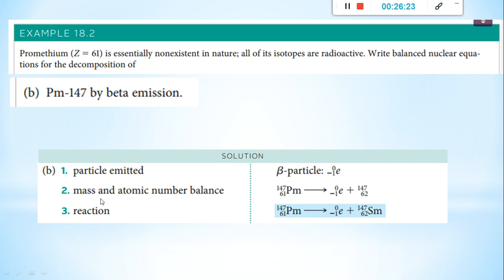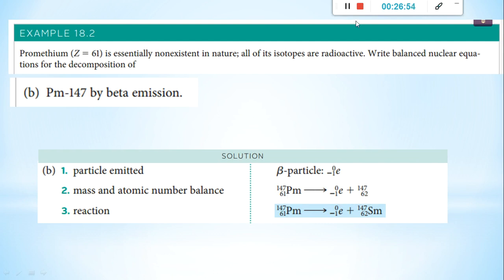Second step is to balance the mass and atomic number. So we have the same 147 mass number, while the atomic number, we will have 62. You just need to add plus 1 to 61.